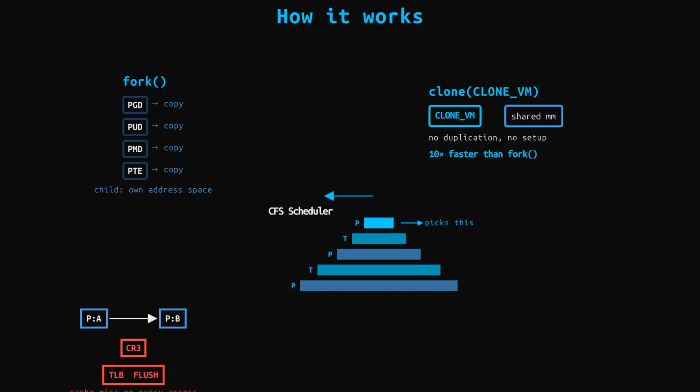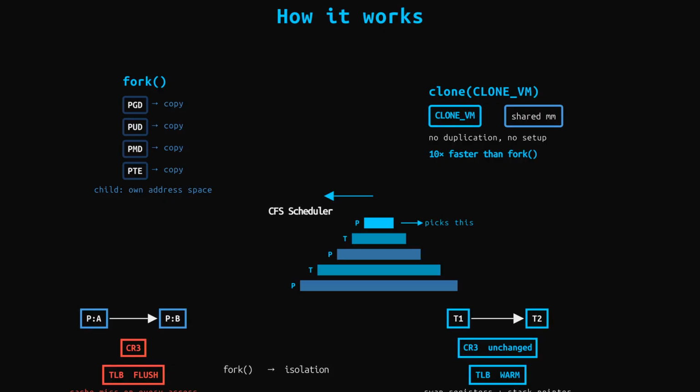Every memory access after that is a miss until it warms up again. Switch between threads in the same process and CR3 stays the same. TLB stays warm. You're just swapping registers and a stack pointer. That's why high-performance servers use thread pools instead of forking per request. 2 tools: fork for isolation, clone for speed. Which one you need depends on what your program can afford to lose.